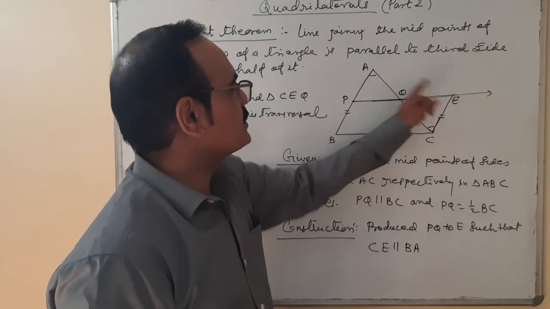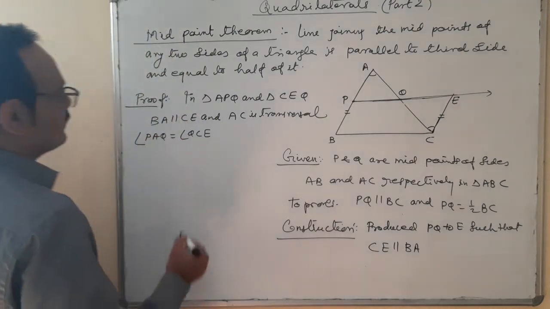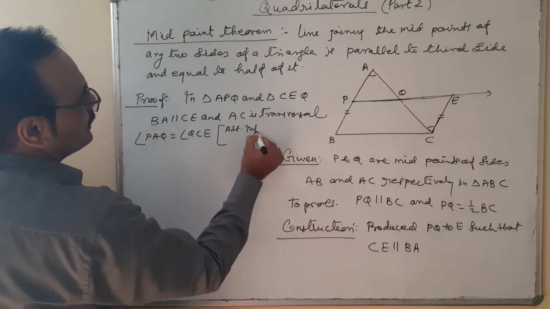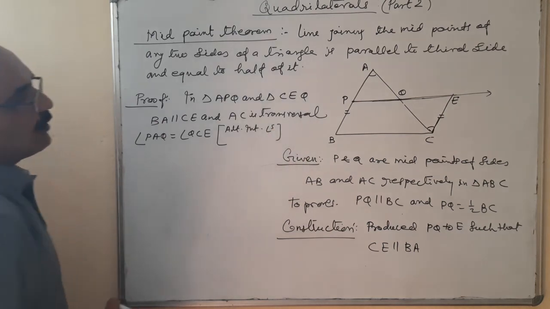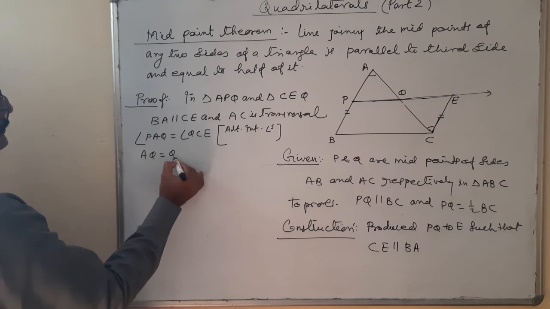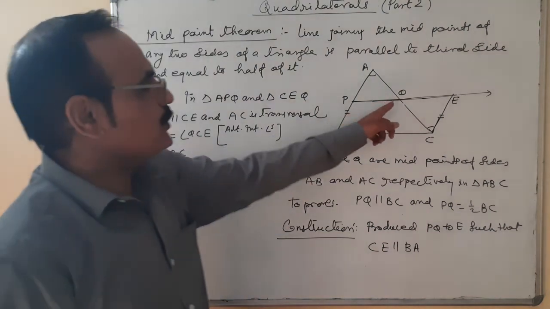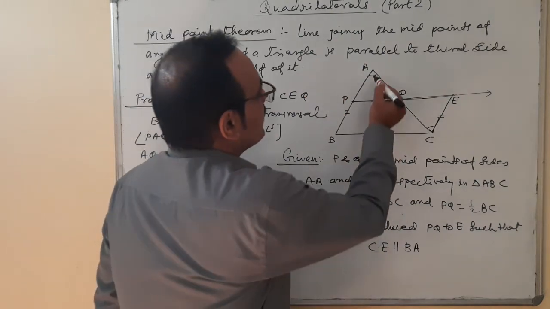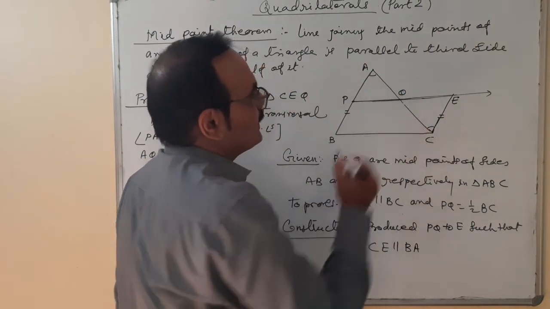Reason: alternate interior angles are always equal. AQ is equal to QC. Given, because Q is the given midpoint, that means AQ is equal to QC. So now we have proved that one angle is equal, one side is equal.